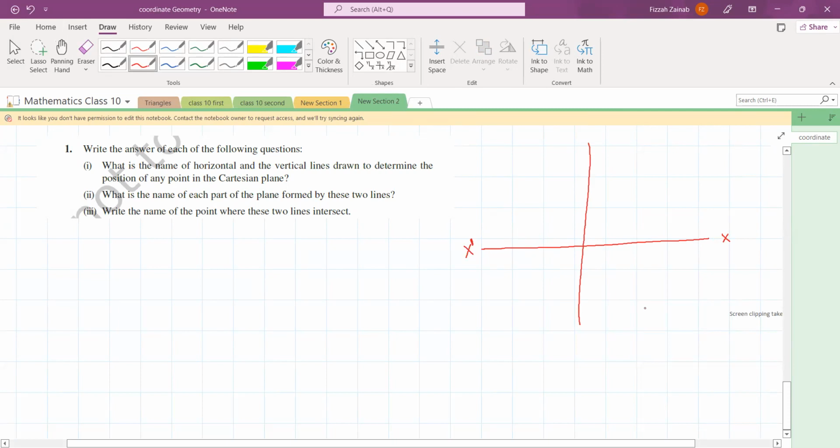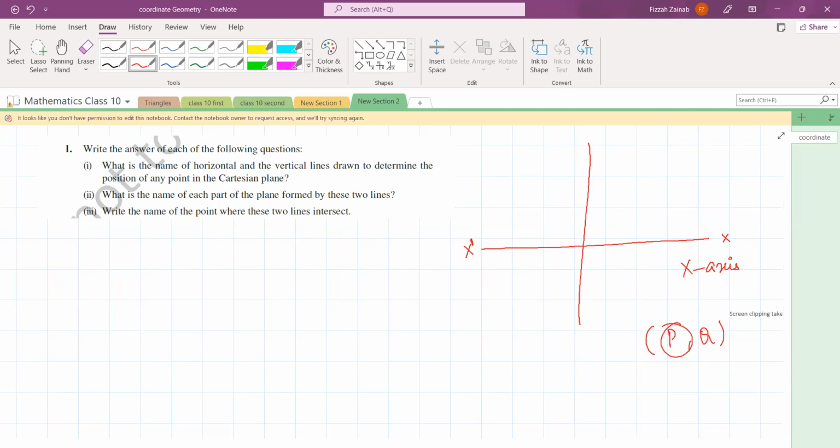No, coordinate is this thing, like when you write something, for example, P and Q. So this P is the X coordinate. This is the X-axis, right? What do they call it in NCERT? Just one minute.